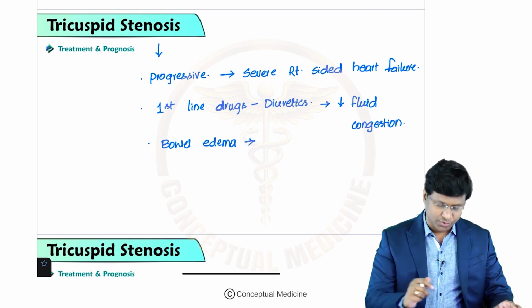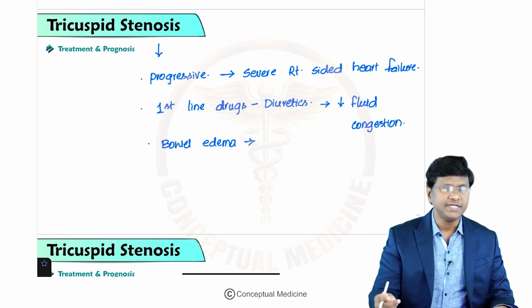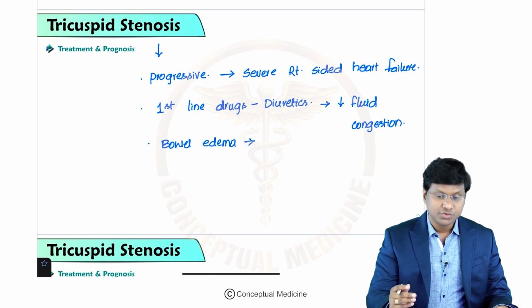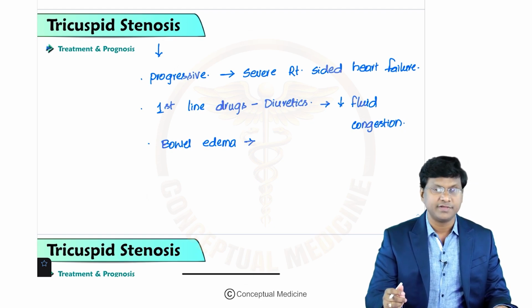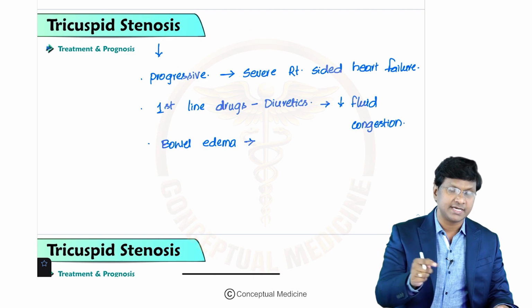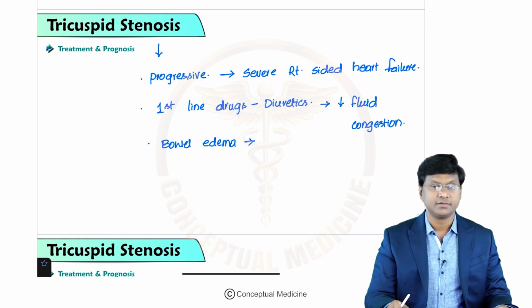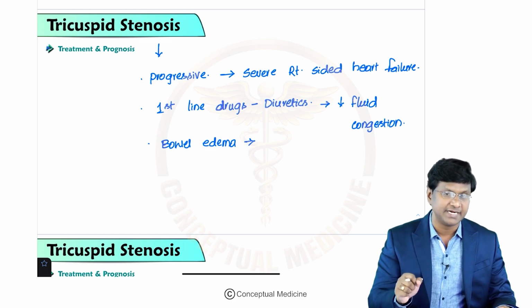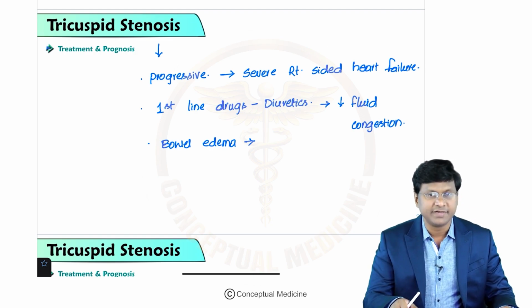Already we have discussed: the splenic vein and superior mesenteric vein drain into the portal vein. But when there is an increase in the portal venous pressure, the superior mesenteric vein is unable to drain the blood into the portal vein, and thereby it is unable to receive venous blood from the gut. Thereby there will be development of bowel edema.